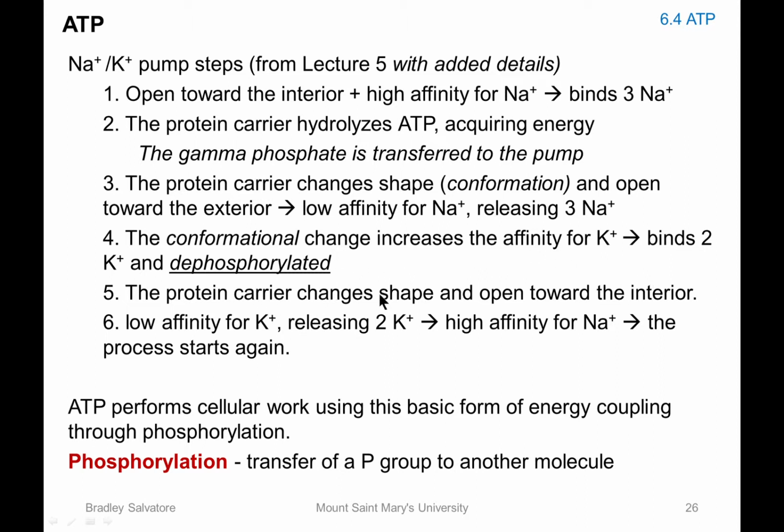Then, because of that conformational change, it will have a low affinity for potassium ion, and it will release the potassium ion and switch affinity to the sodium ion, and the whole process starts again. This process is very important to maintain your cellular salt concentrations, and it shows that you can use ATP hydrolysis to drive an endergonic or energy-requiring process.